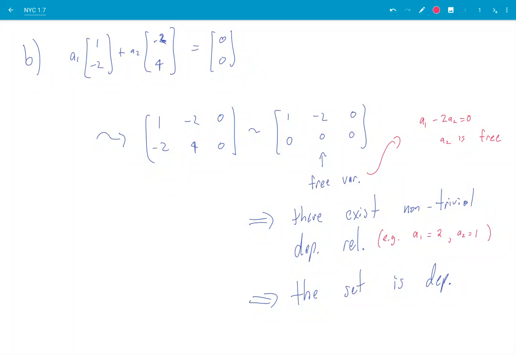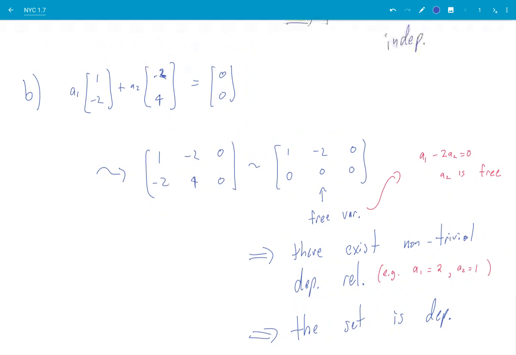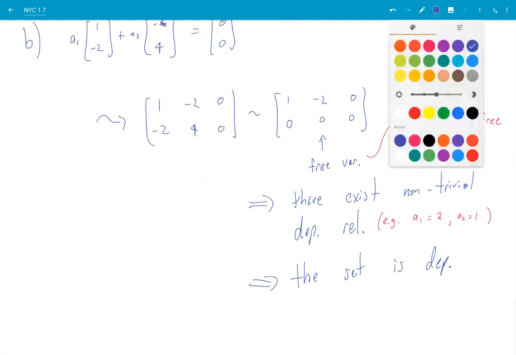I can see up here, that gives me a non-trivial dependence relation. In fact, you have an infinity of them. You do have the trivial one where you have 0 and 0. That is one of the solutions here. But the point is that you have more that are non-trivial. C.